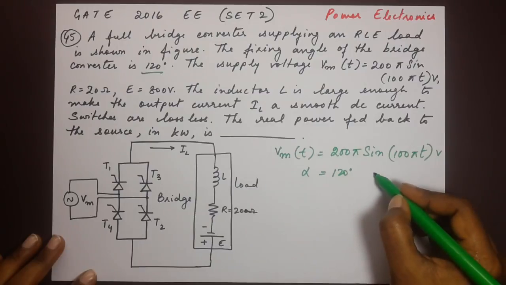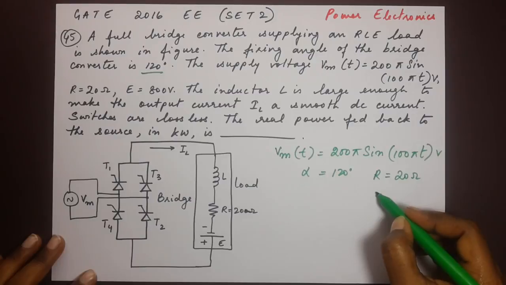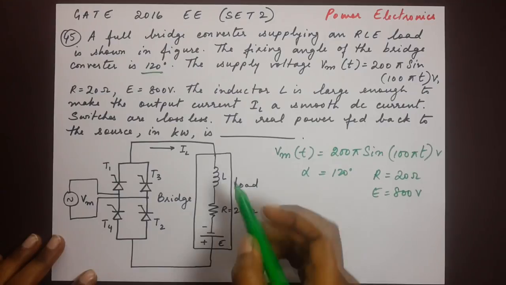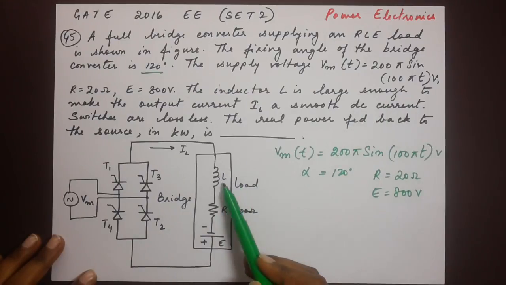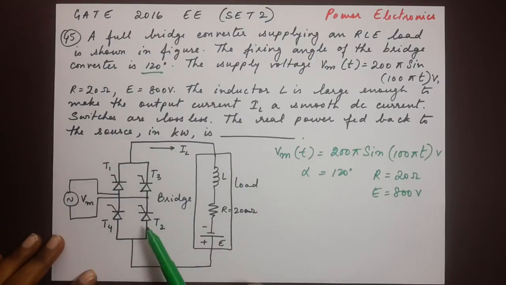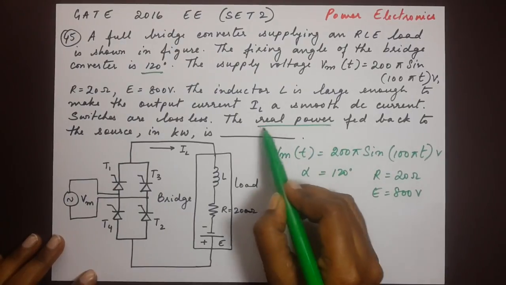We have been given R, which is 20 ohms, and E, which is 800 volts. Now the value of L is said to be quite large. It's very large and the value is not given. And the switches are lossless. We have been asked the real power fed back.